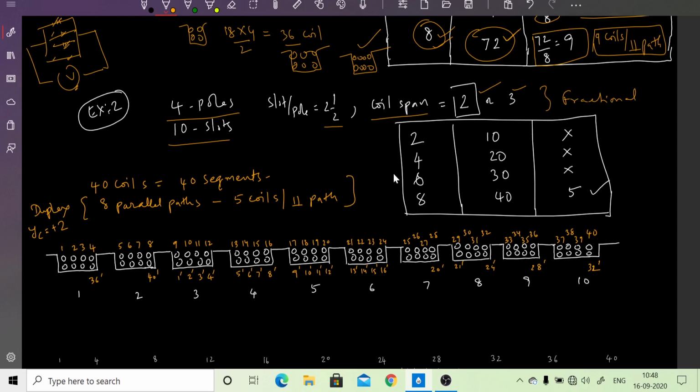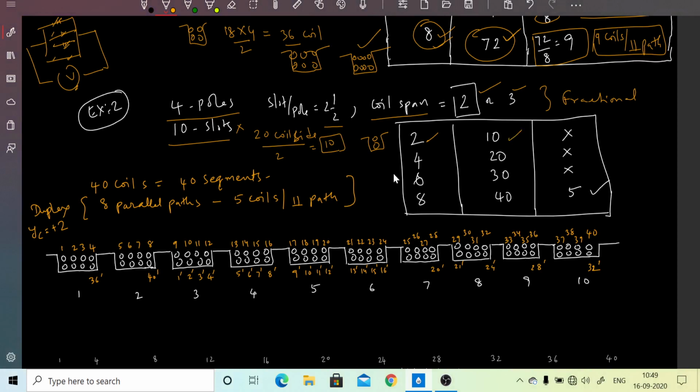Now if I take 2 coil sides multiplied by 10, so 20 coil sides altogether. Okay, 20 coil sides divided by 2 gives me 10 coils on the armature, total 10 coils on the armature.